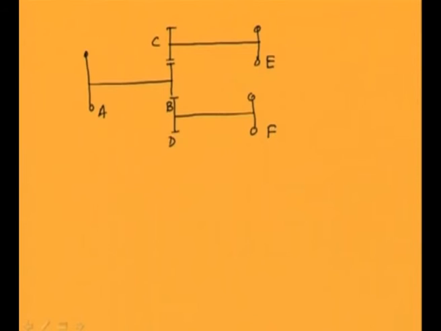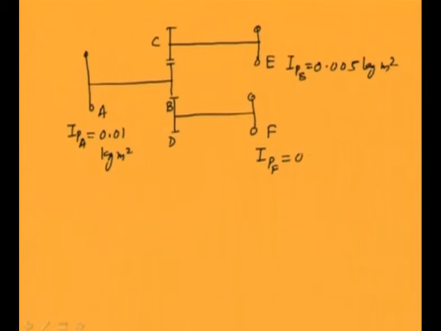Okay. The various parameters are: polar mass moment of inertia of disc A is 0.01 kg meter square, of disc E is 0.005 kg meter square, and of disc F is 0.006 kg meter square.